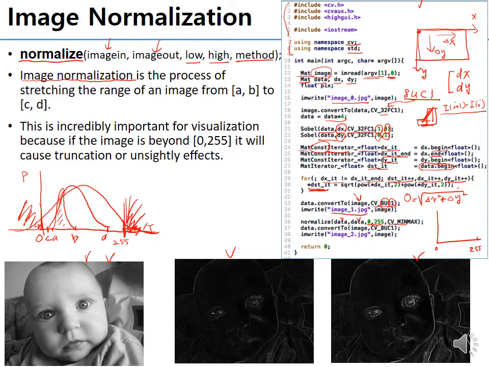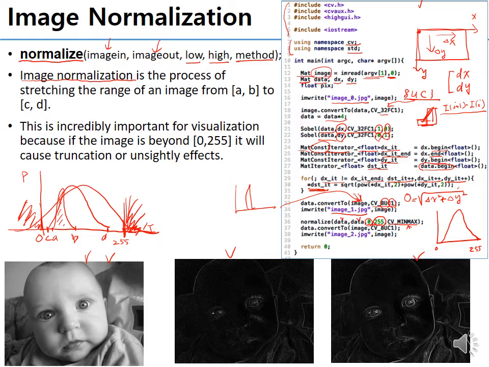CV_MINMAX is the method for normalization. When we select CV_MINMAX, this is the minimum intensity and this is the maximum intensity. We don't know what the range of the intensity in the image is. By normalizing this data, we can use the whole range of the intensity.